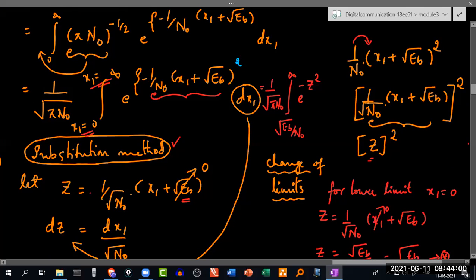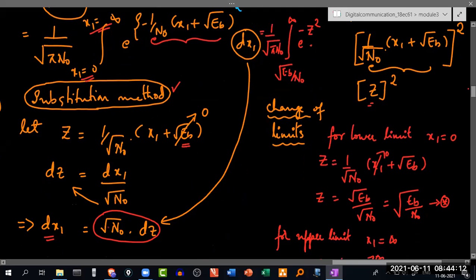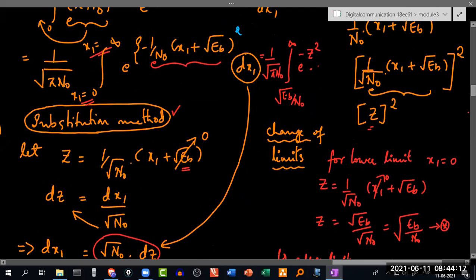We have not considered any negative sign, so it's e to the power minus z square integral into dx1. Right now dx1 is equal to square root of n naught into dz. So in place of dx1, I'll substitute dz into square root of n naught.